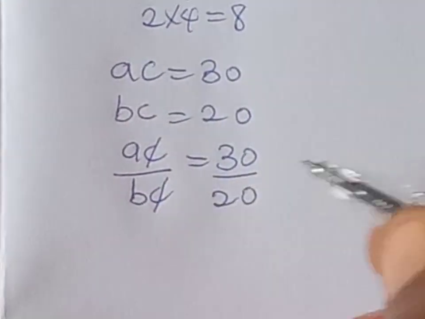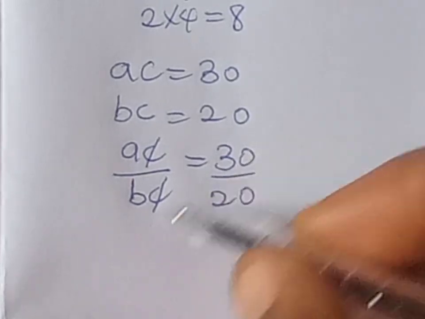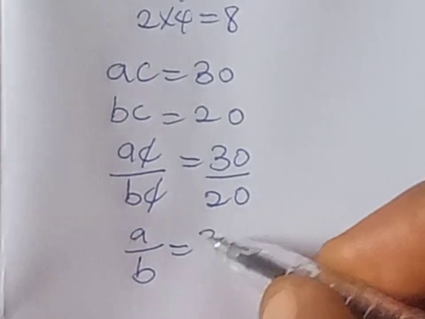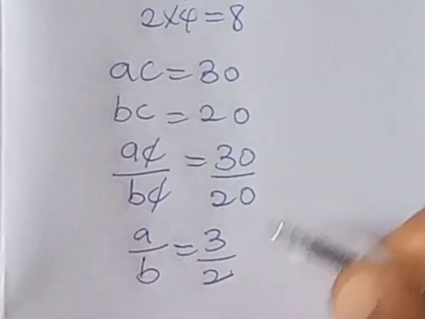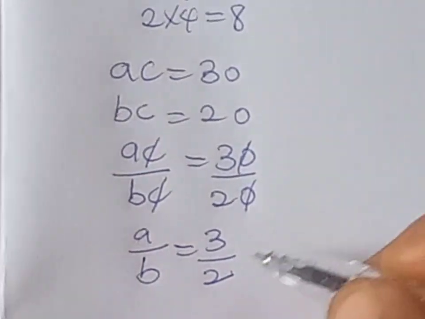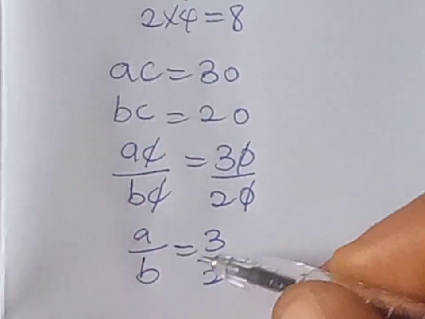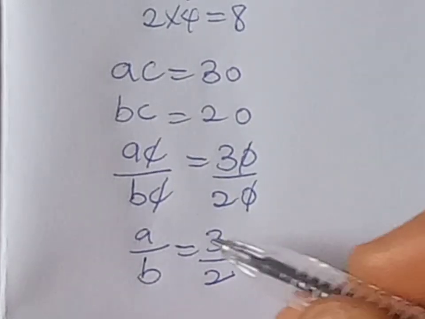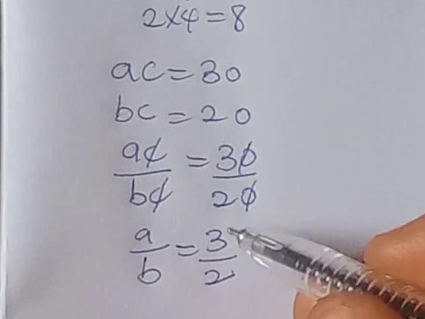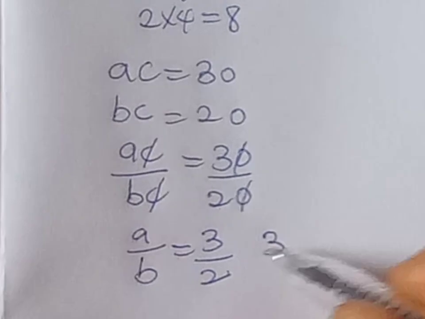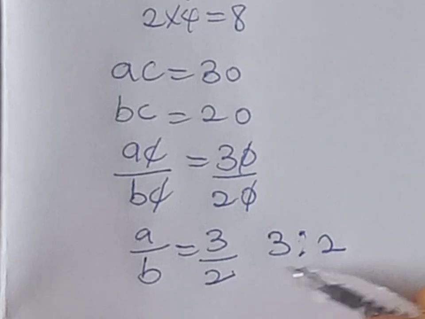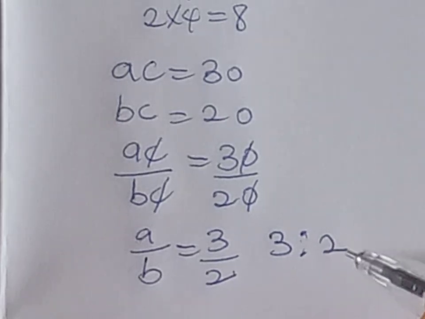C cancels C, so A divided by B gives us 3/2. That tells us that A and B are in the ratio 3:2. Looking at this, our problem is becoming easier.